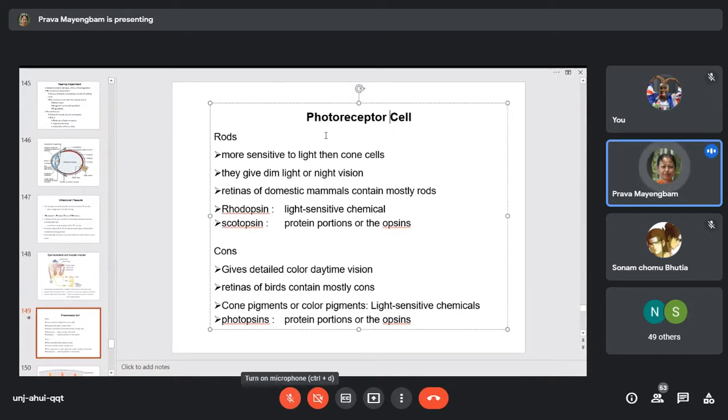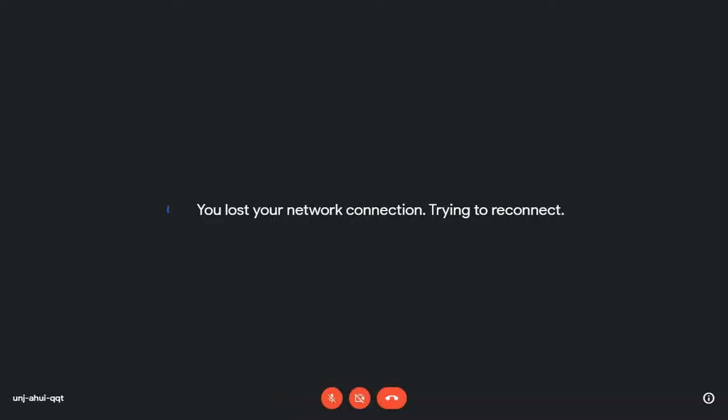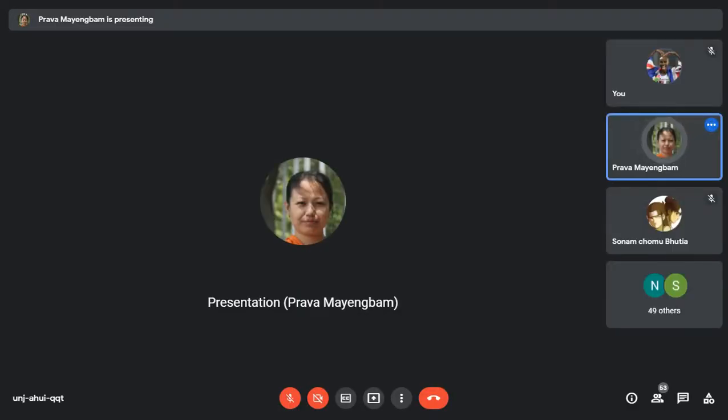If you are asked to write a short note on the photoreceptors, then we have to write that they are sensitive to light, to the intensity of light, how much light is present, and accordingly they function during the day. So these cells are the receptors which can sense the light.